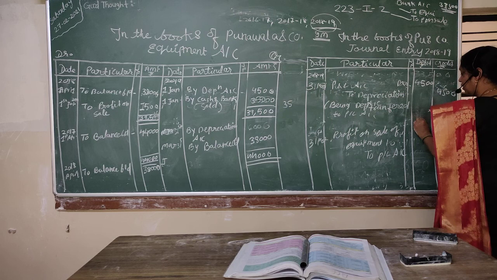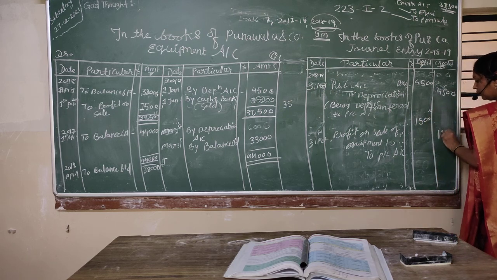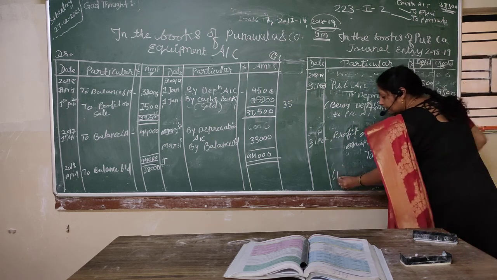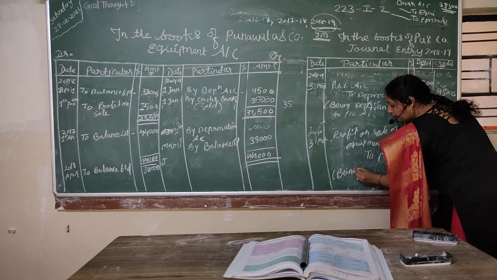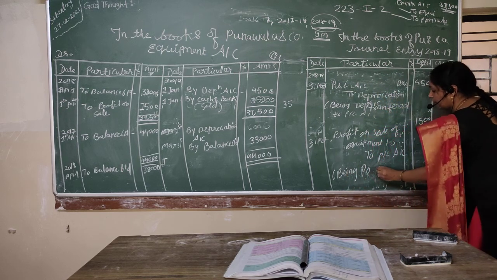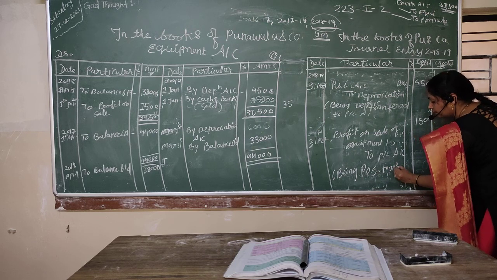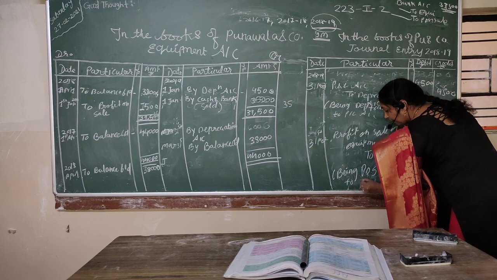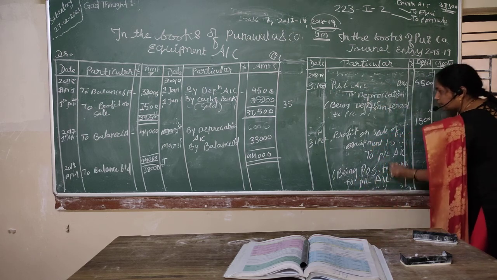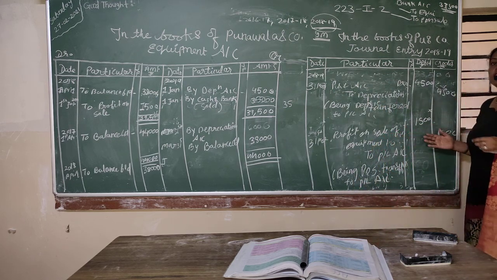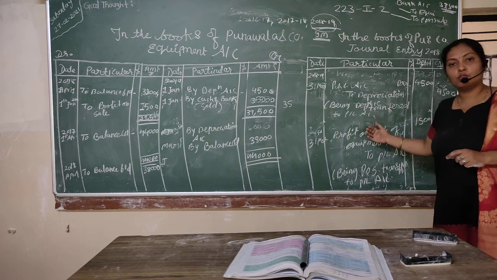What is the profit amount? 1,500, being profit on sale transferred to P&L account. So students, like this the problem will be solved.